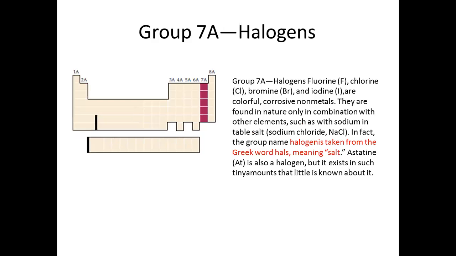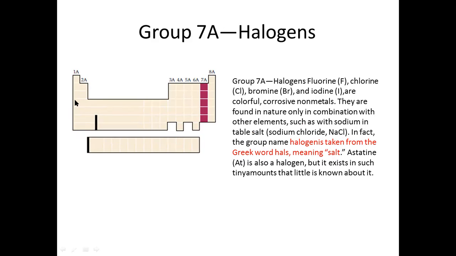Now, the 7A group, generally we call them the halogens. Halogen is taken from a Greek word whose meaning is salt, because the halogens, when combined with the first and second groups, form salts. An example is sodium chloride.